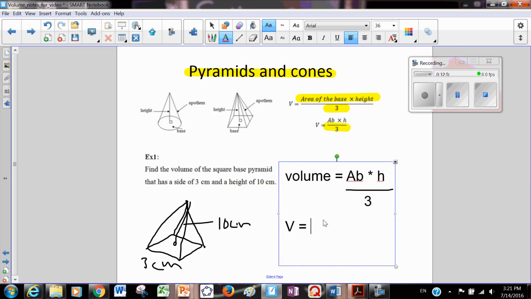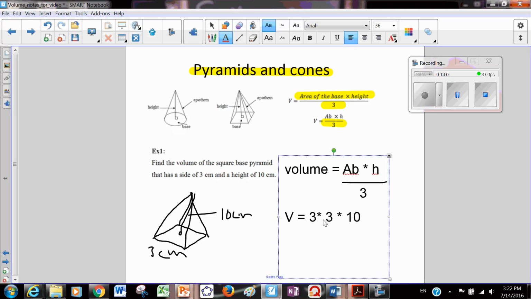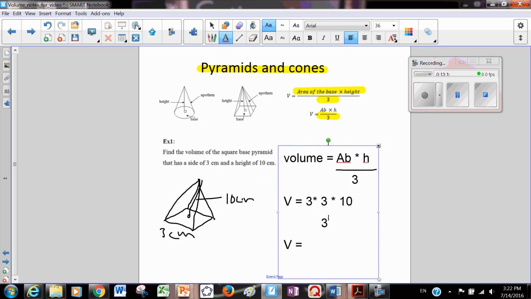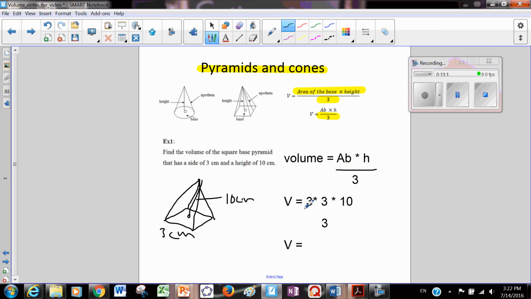The base is a square, so a square is easy. 3 times 3 times the height, that is 10, and we're going to have to divide that by 3. You can see right away, if we have to times by 3 and divide by 3, we can just simplify. So 3 times 10, we get 30, and our unit would be centimeter cube.